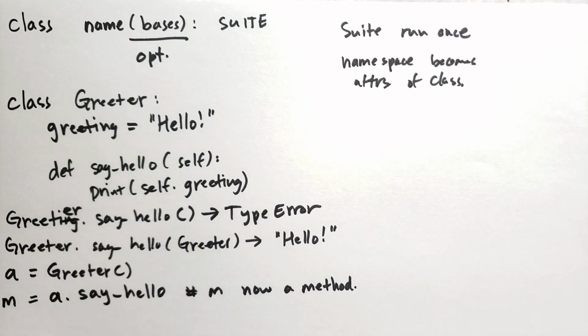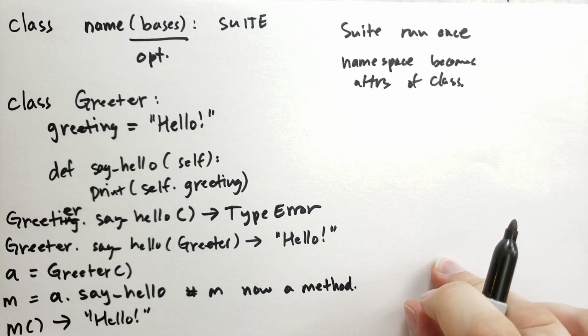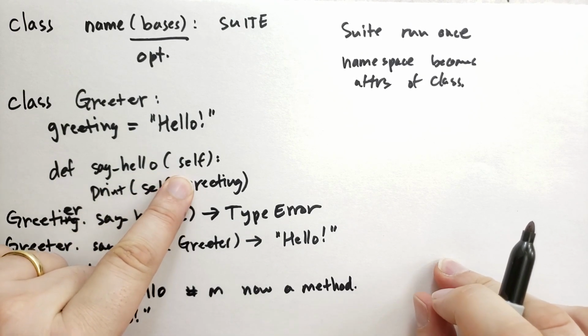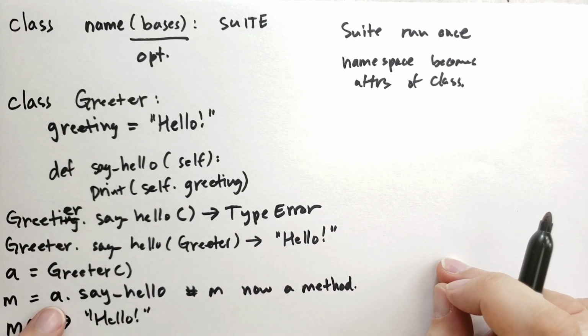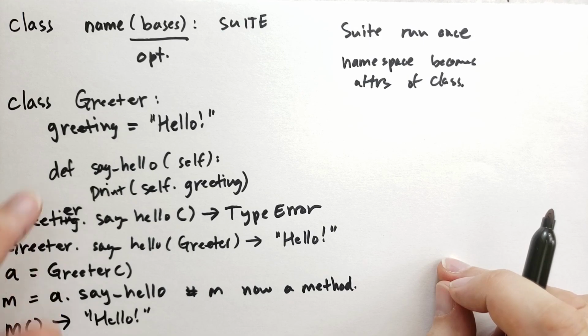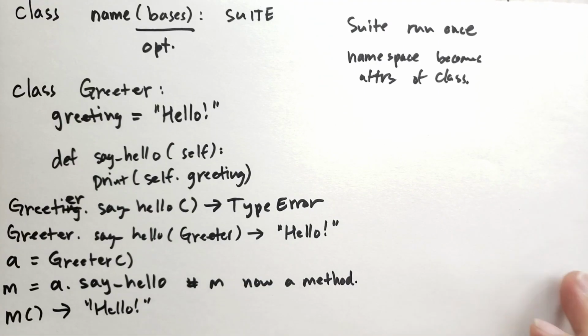So when you call that method, it's going to say hello. Why? Well, what it means by binding the method to this instance is when you call that method, the first parameter is always going to be that instance, a. And a is a greeter. a doesn't have its own greeting, so it falls back to the class itself. It sees that the greeting for the class is hello, and it prints hello.